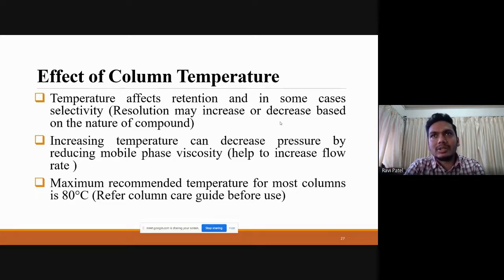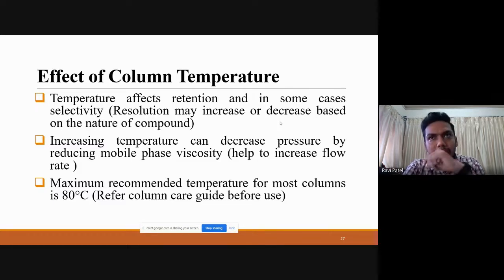So generally they are decreasing the viscosity of my mobile phase, and while reducing the viscosity, we are getting a lower retention time of our compound. We are also increasing the sharpness of our peak. So column temperature also plays an important role in the retention time of our peak as well as the peak shape, right?